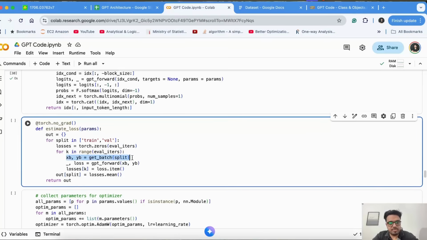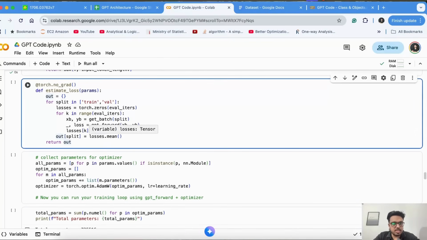So we again extract random pairs of input and target tokens, and using the GPT forward function, this time we pass in both the input as well as the target tokens, and compute the training and the validation loss, and then we average it for 200 iterations or 200 samples, and then we give the output. So this is how the estimate loss function works.